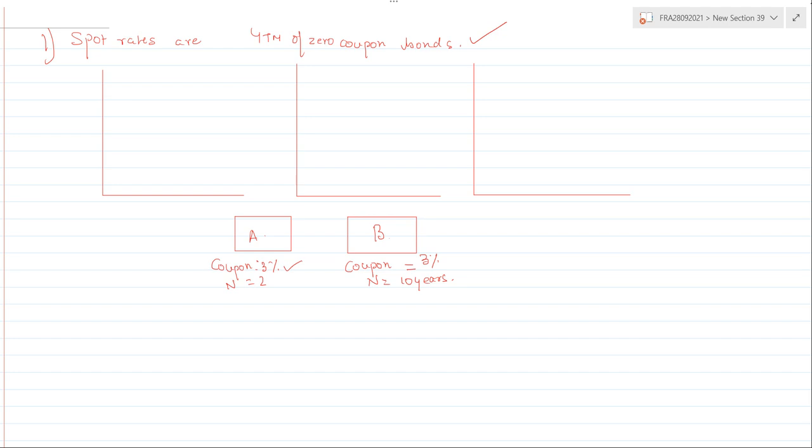But investor B, who holds a 10-year bond, right, will have a larger number of coupon payments pending, right? Or in other words, we can say that he would receive lower coupon for a longer period of time, right? He would have a larger number of coupon payments pending, but those coupon payments would be lower than the current rates in the market.